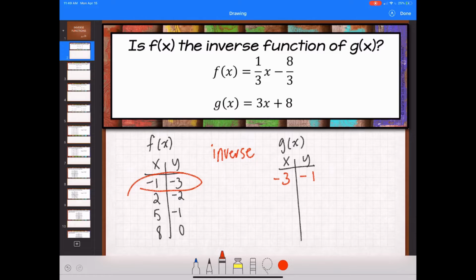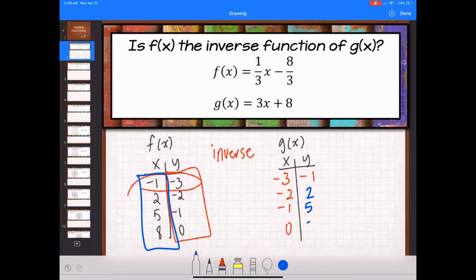I'm going to go ahead and list all of my y values as my x values, and what I'm looking for is that all of my corresponding x values will now become the corresponding y values. This is what I want for it to be an inverse.